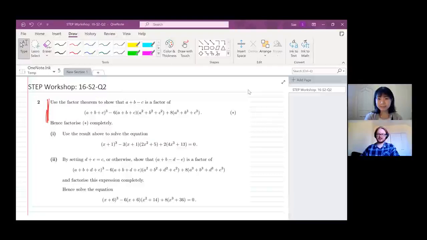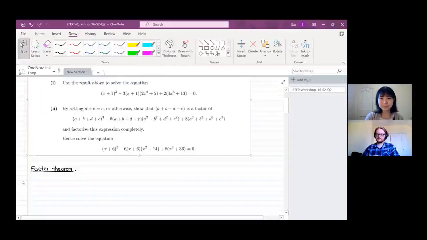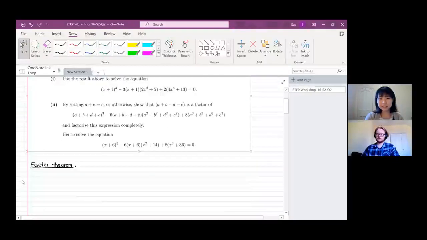I think it takes a while to type out the whole theorem. Yes, I see lots of factors. So yeah, that's right.